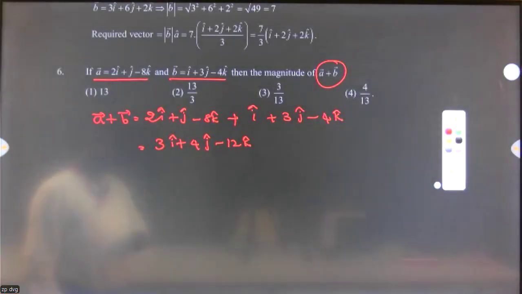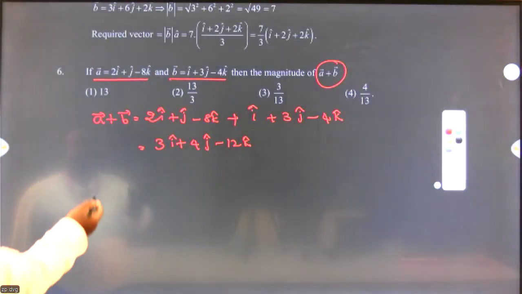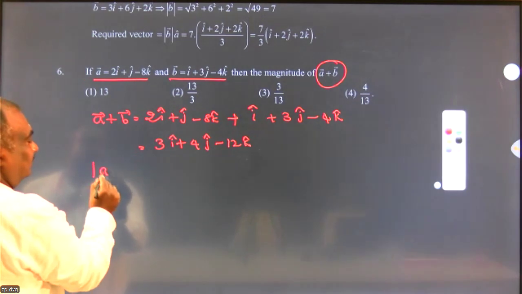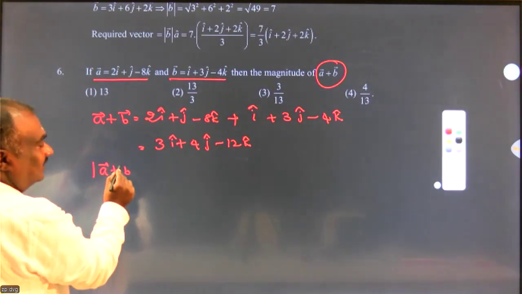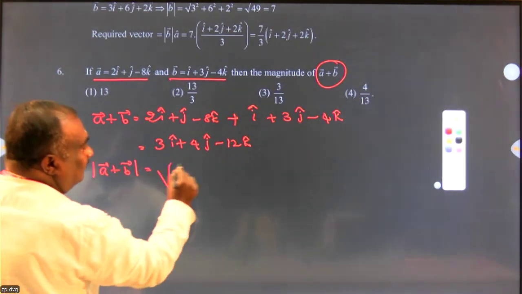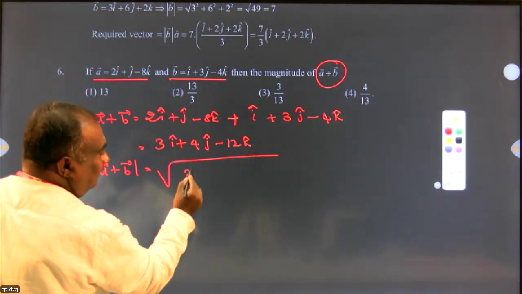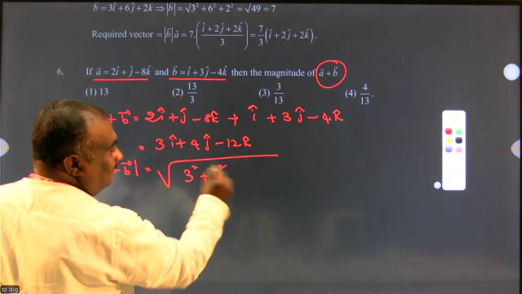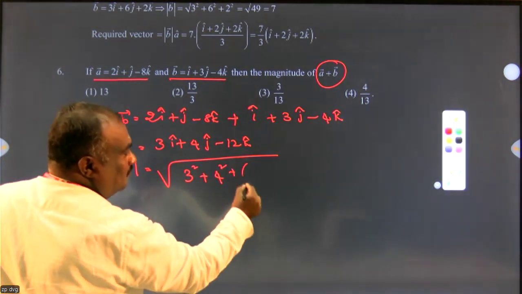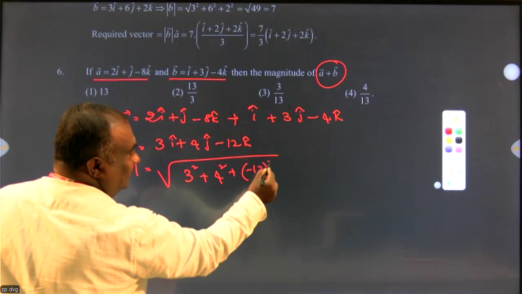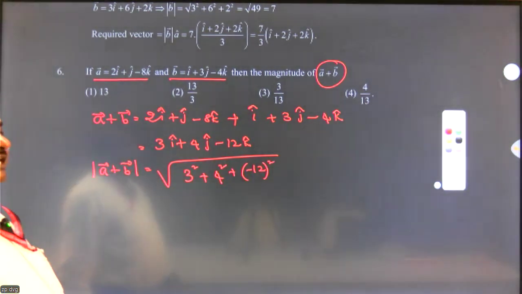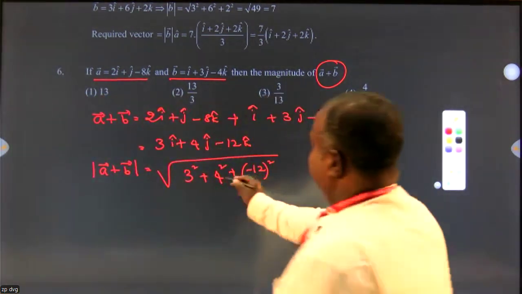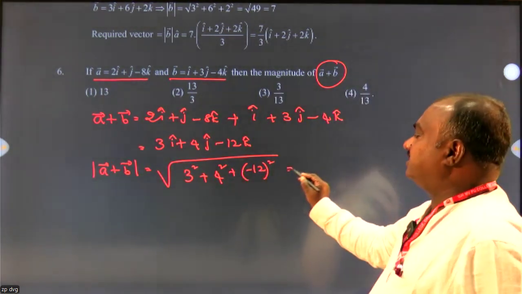Now, in this question, they asked the magnitude of this one. What is the magnitude? Modulus of A bar plus B bar is equal to root of 3 square plus 4 square plus minus 12 whole square. This is 3 square plus 4 square, 5 square, Pythagoras theorem.